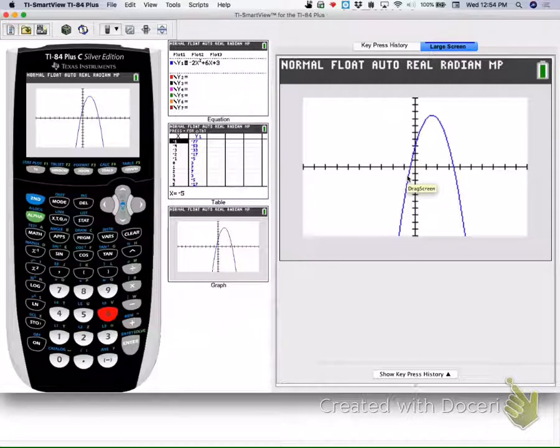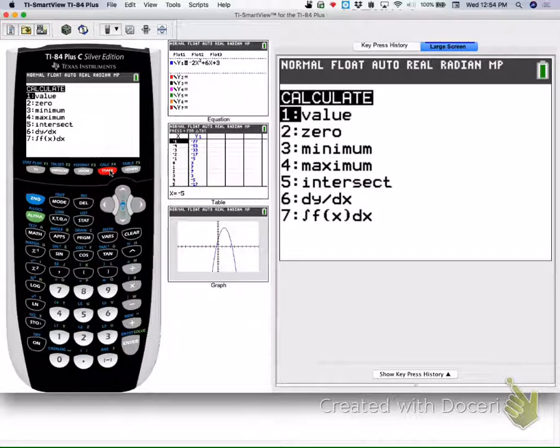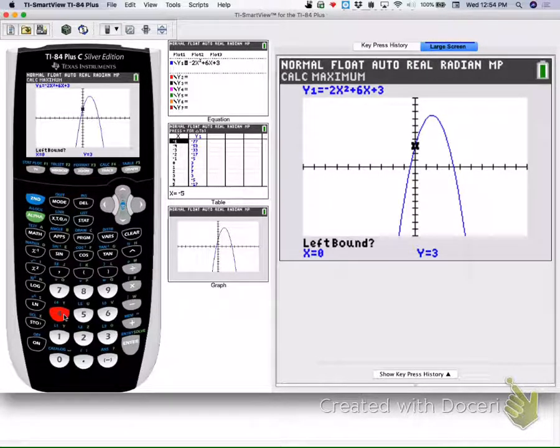We'll go ahead and do both of them since we're here. If I wanted to find the vertex, the maximum, in this case that is a maximum. Sometimes it's a minimum. You're going to hit enter on the left-hand side of your vertex. Doesn't matter how far to the left, it just has to be to the left. Hit it on the right. I didn't necessarily mean to go over that far. Where do you think the maximum is?